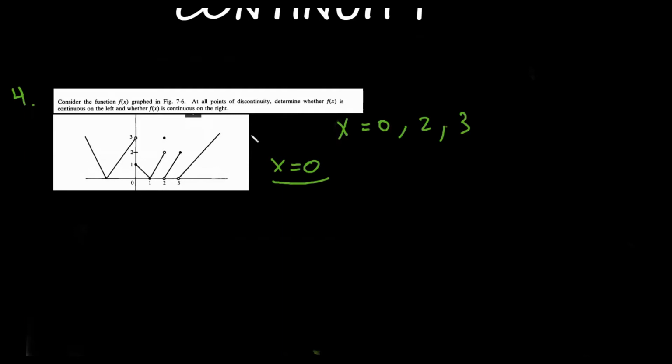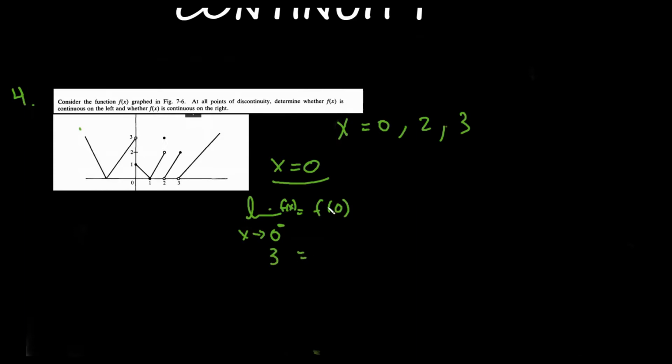So to determine whether it's continuous, is the limit as x approaches 0 from the left, so we're going to work on the left first, equal to f of 0? Alright, so the limit of f of x as x approaches 0 from the left, we see that it approaches 3.